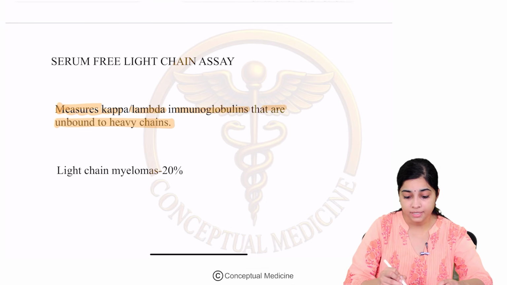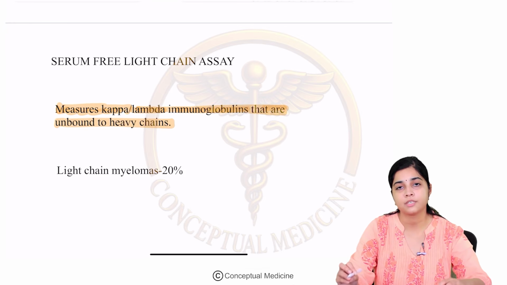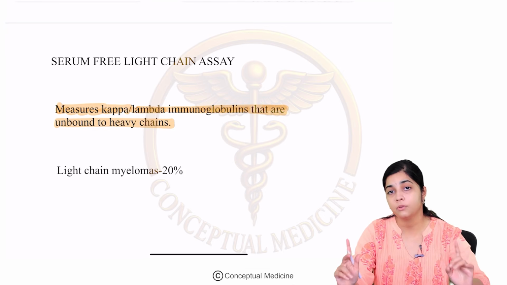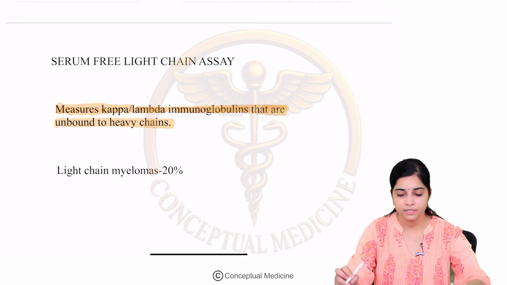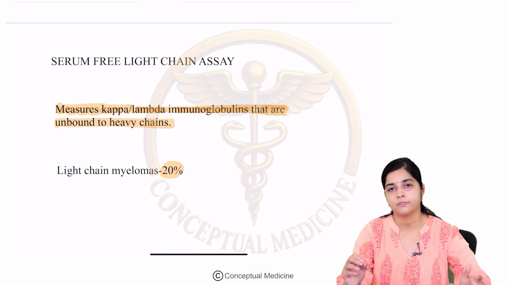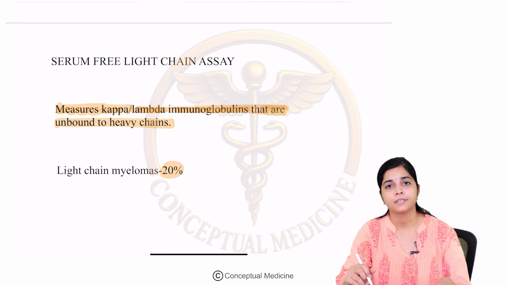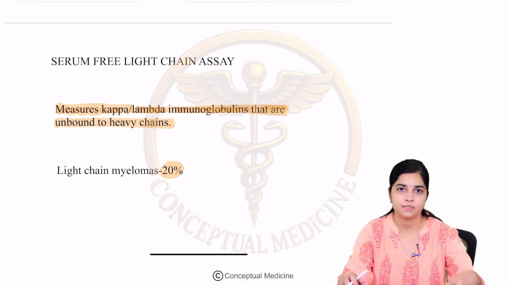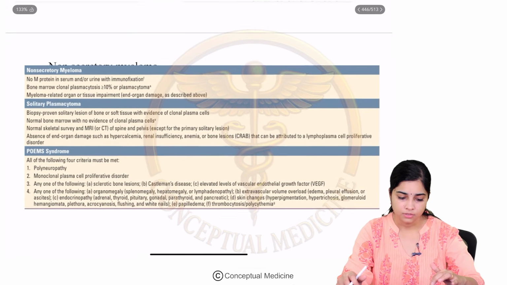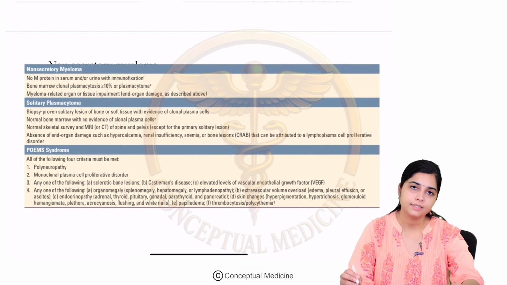There might be types of myelomas which only produce these unbound free light chains, and that can be detected only by the SFLC. Light chain myelomas in fact account for 20% of myelomas. In those cases SPEP may be negative and it may only be the free light chain assay which detects them.